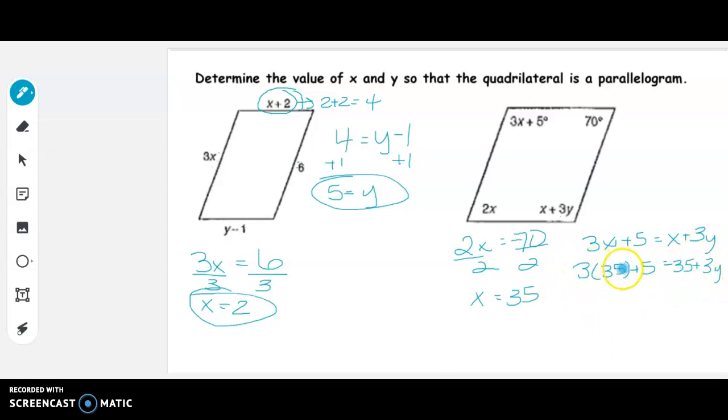So 3 times 35 gives me 105 plus 5 equals 35 plus 3y. I'm going to combine those, so that gives me 110 equals 35 plus 3y. Subtract 35, because I want to get the 3y by itself.